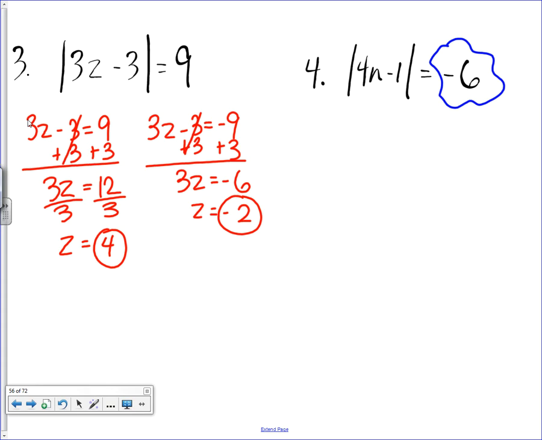And that should be red flagging you because distance cannot be negative. So there is nothing to do here. I can never have an absolute value that's equal to a negative. There is no solution to this equation because anytime I take these absolute value bars and apply them to something, it makes it positive. So there is no solution to that equation.